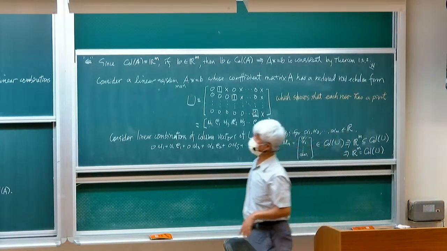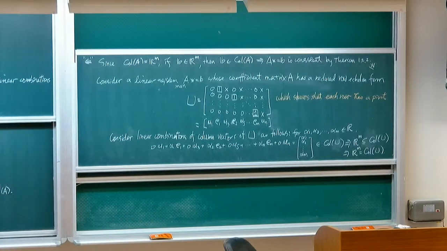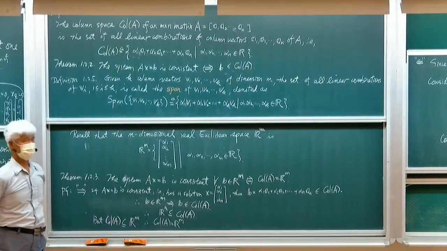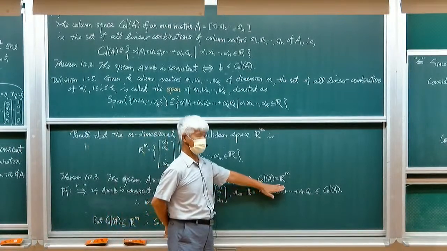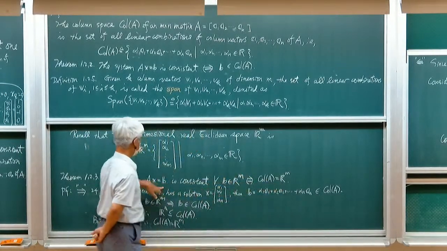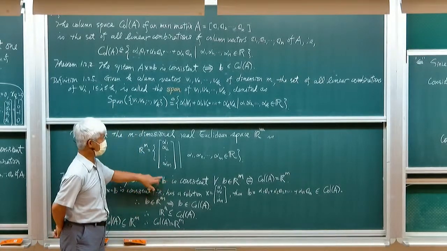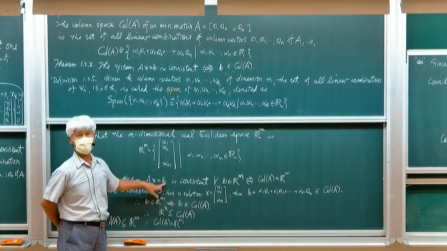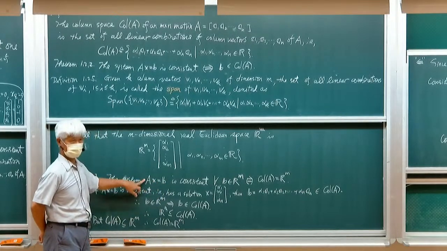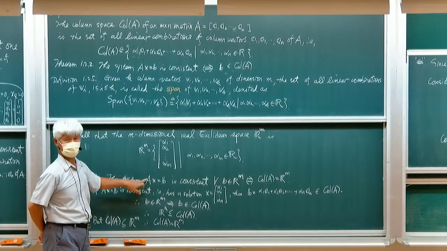And so we go back to here. Because of that, now linear systems with arbitrary right-hand vector will be consistent. Okay?